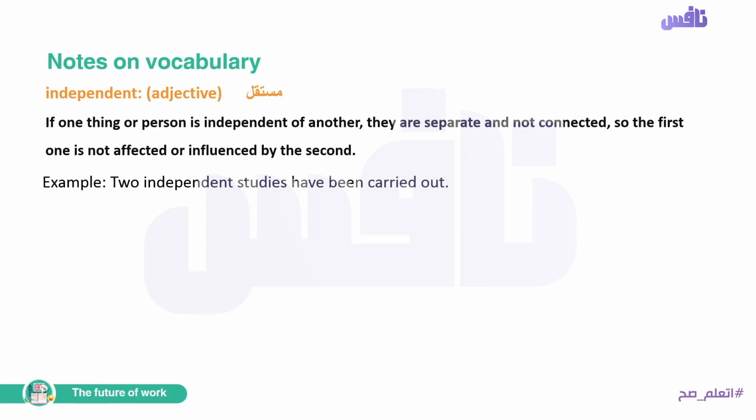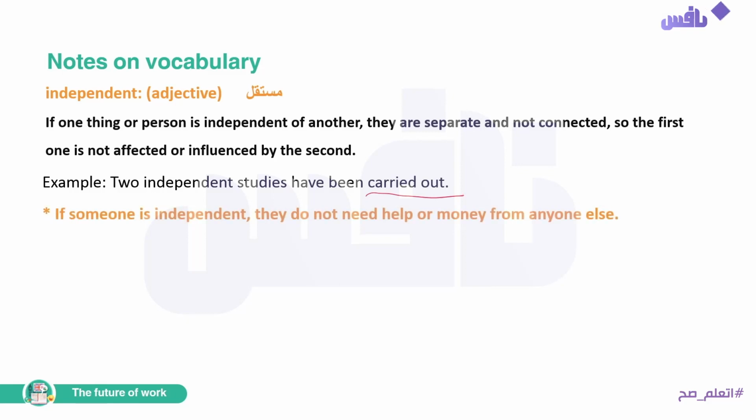Okay. طبعا carry out بمعنى ينفذ. بيقول لنا if someone is independent لو شخص قلت عليه إن هو independent they do not need help or money from anyone else. شخص مستقل يعني مثلا after graduation أقول لكم بعد التخرج after graduation I became independent. أصبحت independent مستقل يعني I don't receive any money from my dad مثلا. طبعا مش المال بس، ممكن كمان تبقى مستقل مش محتاج مساعدة من حد.